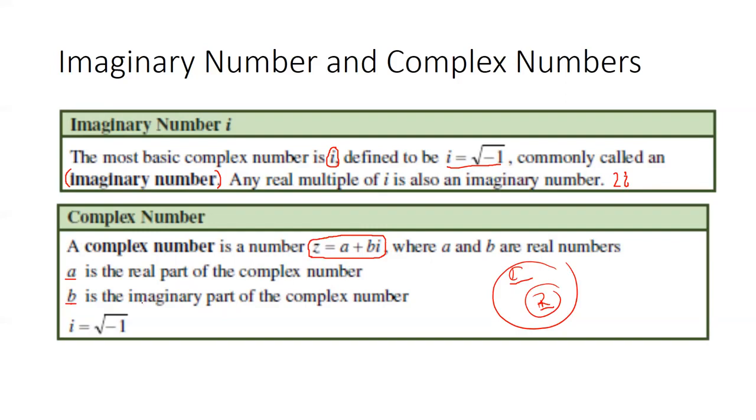This comes from the fact that, what if b equals 0? If b equals 0, then you just get the real numbers, because this part goes away and you're just left with a, and you defined a to be a real number.